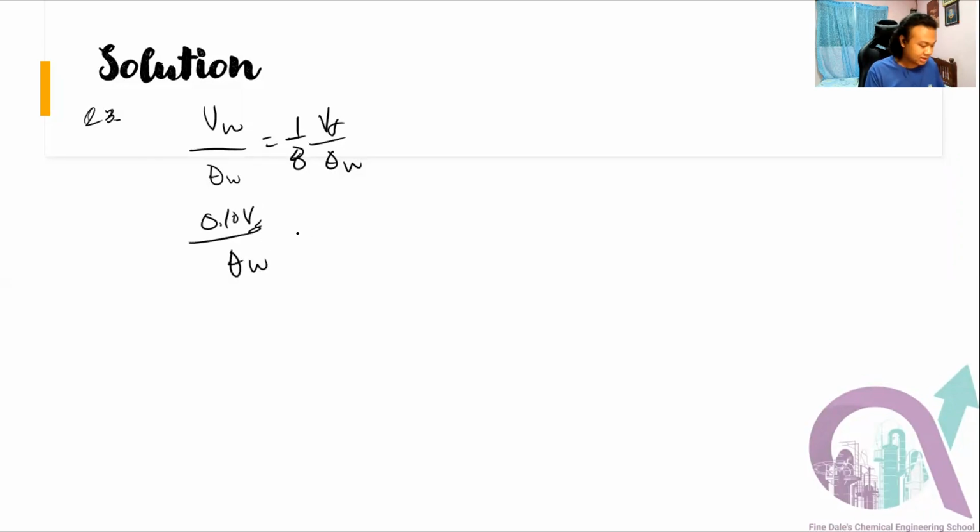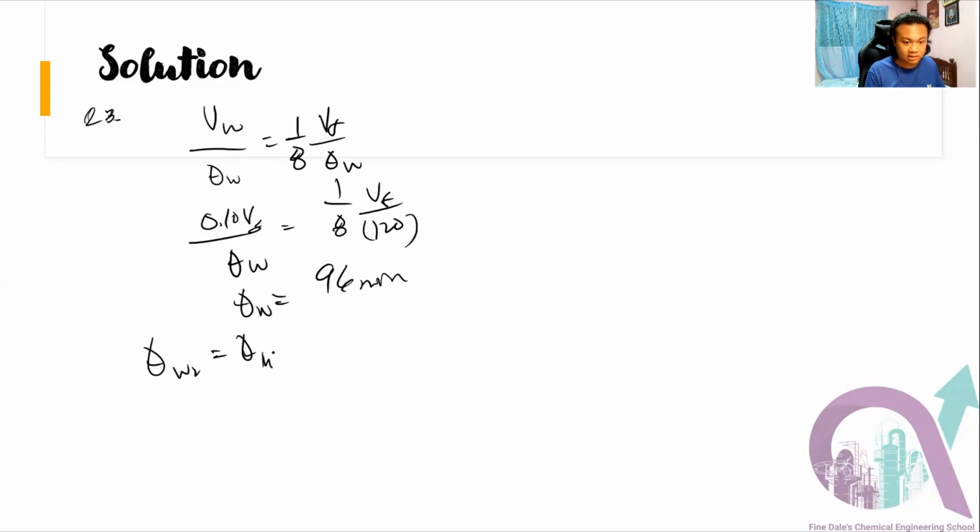So this is actually what we did earlier, no? BF, then 120 minutes. So you have the time of washing is 96 minutes. So you have to find the time of washing if the cake is compressible. So this is the formula for that.